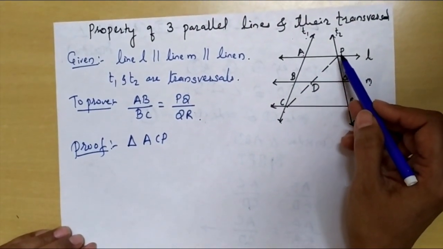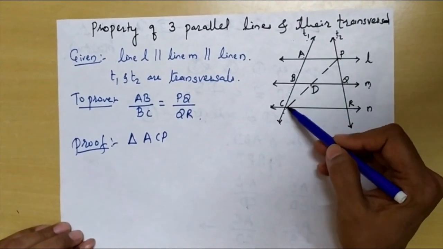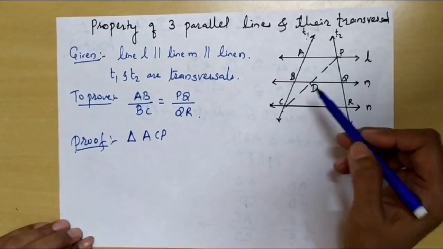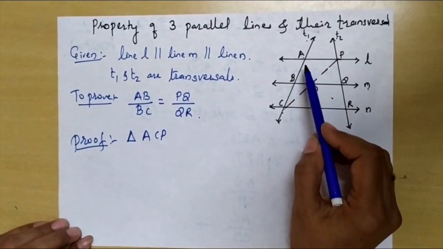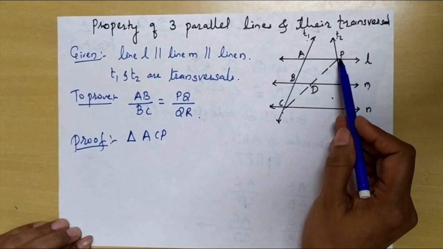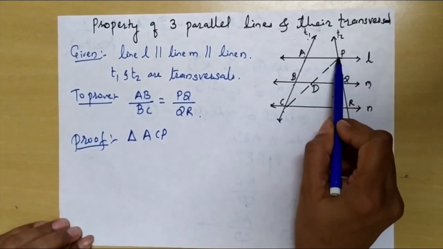Then for construction, we have drawn a line passing through point D, that is PDC is the line, so that we get two triangles. Let us first consider triangle ACP. In this triangle, BD is parallel to AP.